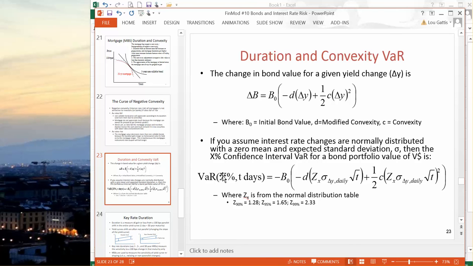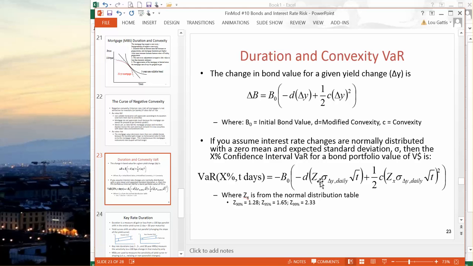So we can calculate an X% confidence interval T-day VaR for a bond by substituting in this delta Y, the change in yield, a change in yield that's consistent with X% confidence interval T-day. Now, if we assume that changes in yield are normally distributed, and we calculate the standard deviation of yield changes and assume a mean daily change of 0, we can calculate, say, a 95% confidence interval change over 5 years in yield.